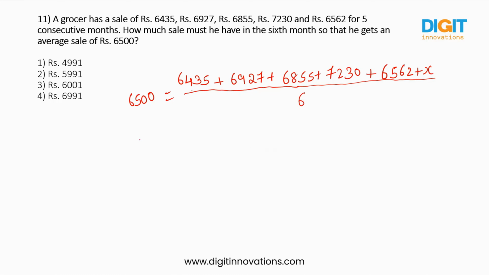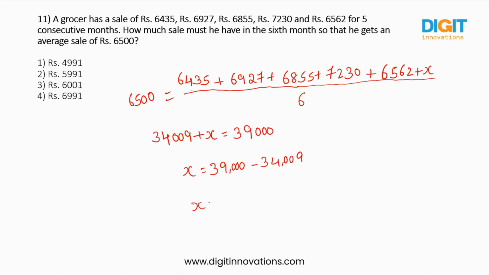It is 34,009 rupees. Okay, plus x equal to 6,500 into 6, you will get 39,000. Okay, so when you take this value to this side, 39,000 minus 34,009 rupees.